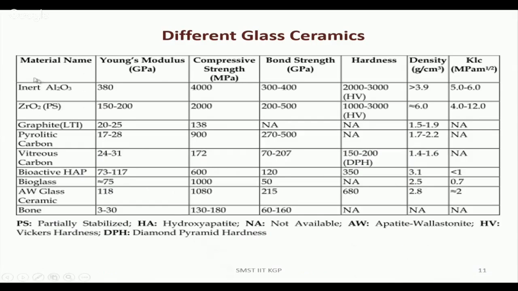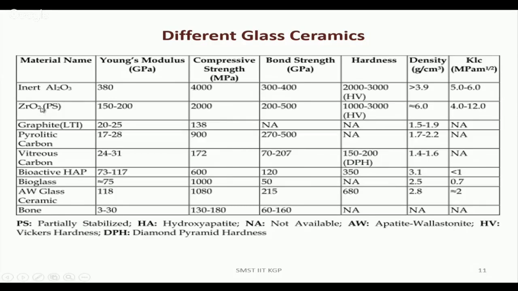Then you can see here alumina has a compressive strength of about 4000 MPa, and Young's modulus is about 400 GPa. I think I extensively worked on alumina during my PhD days, and alumina is definitely a very strong material, with Young's modulus of about 360 to 400 GPa.